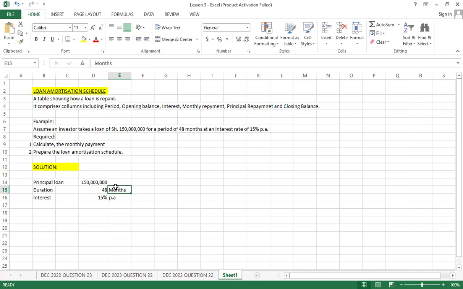So if this is interest per year, can we now get the interest per month? We need the same interest, but now for each month. Somebody, when we have the interest rate for the whole year, how do we get the interest rate per month?